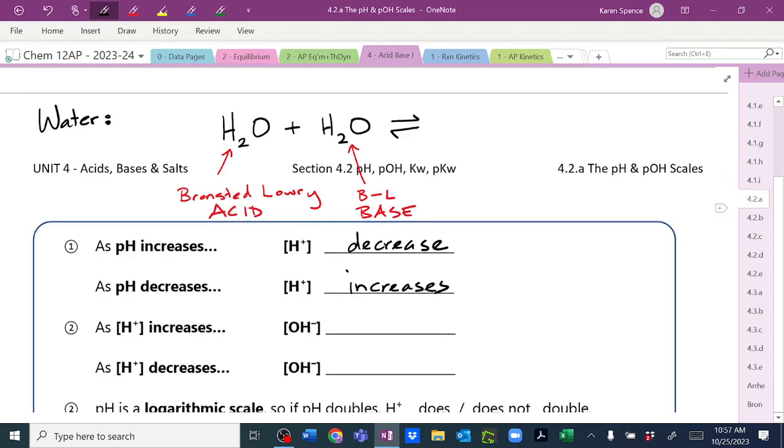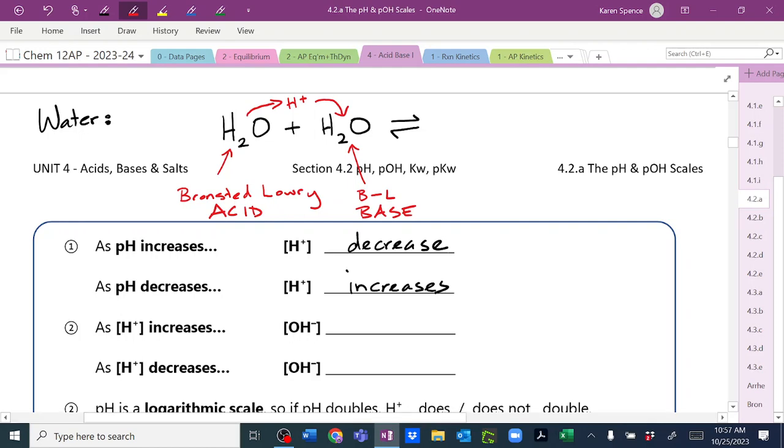Okay, good. So if this water is a Bronsted-Lowry acid, what's it going to do with its hydrogen? It's going to give a hydrogen to the other water. So far, so good?